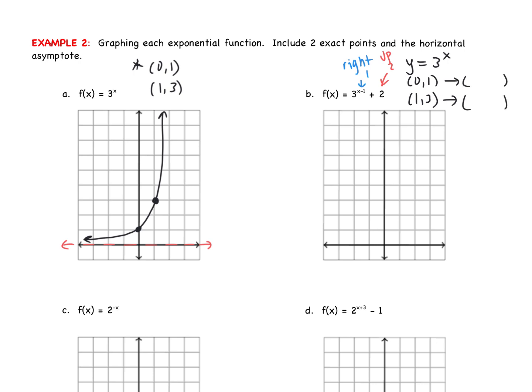I'm going to do the right first, and then I'll do the up. So I have to picture, if I have a point at 0, 1, and I move it right 1, the x-coordinate is now 1. If I have a point at 1, 3, and I move it right 1, the x-coordinate is now 2.